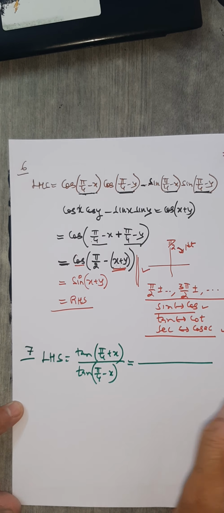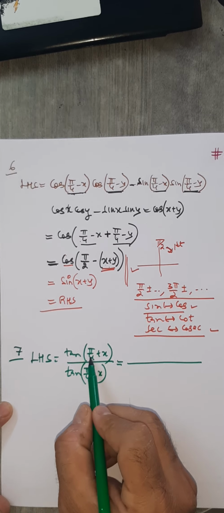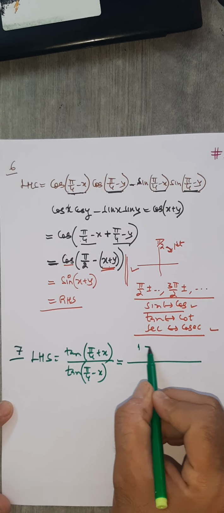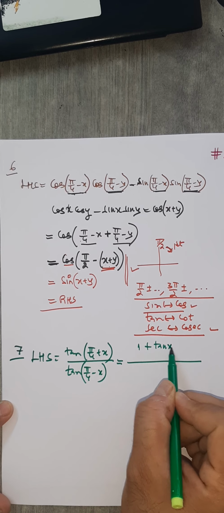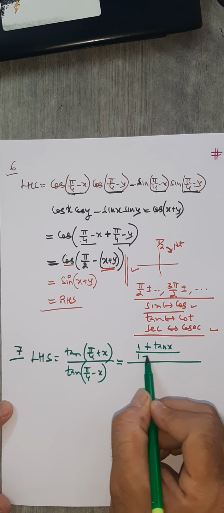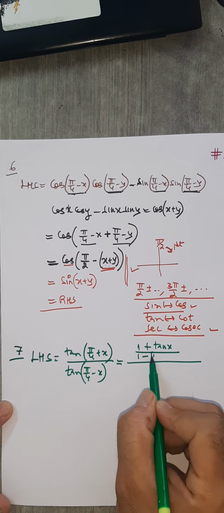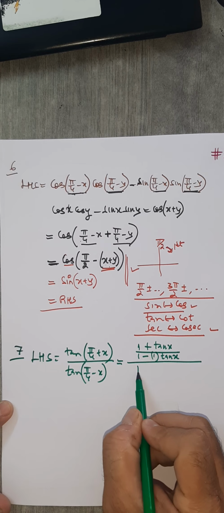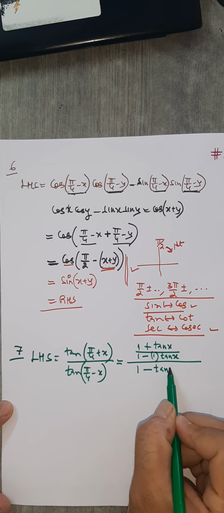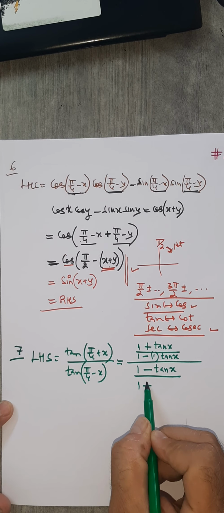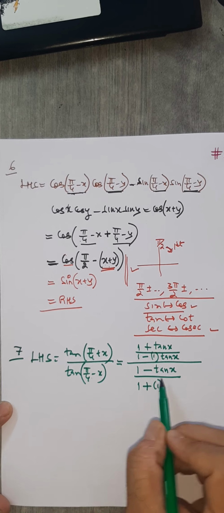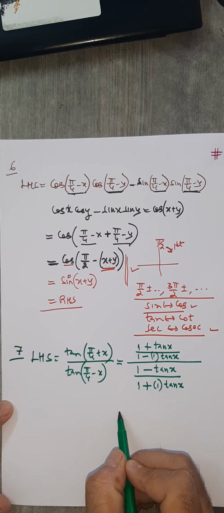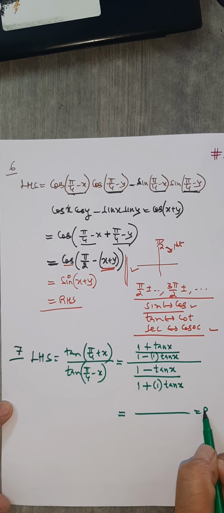What is the addition formula for tan? That is tan x plus tan y upon 1 minus tan x tan y. Tan x means tan pi by 4, which I write directly as 1, so 1 plus tan x upon 1 minus tan x. And for tan(pi by 4 minus x), it is 1 minus tan x upon 1 plus tan x. And you know this is just the RHS.